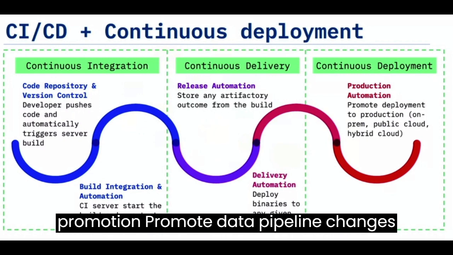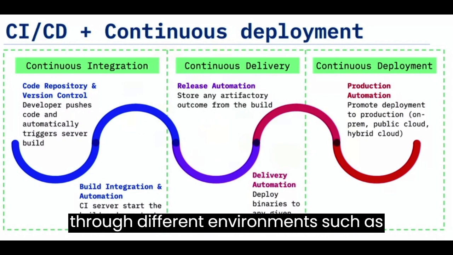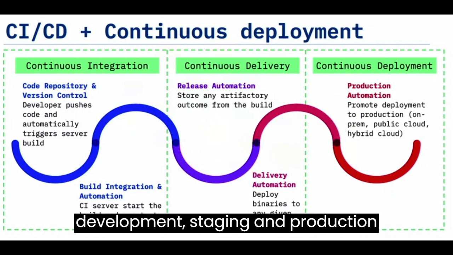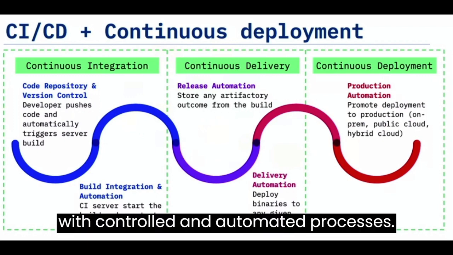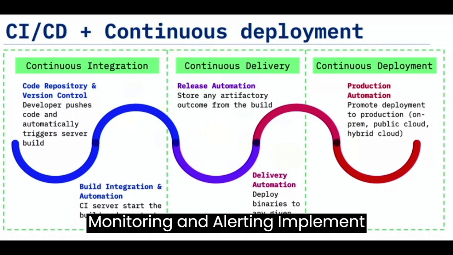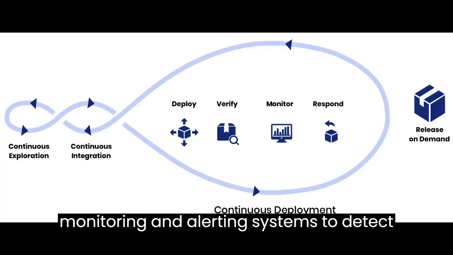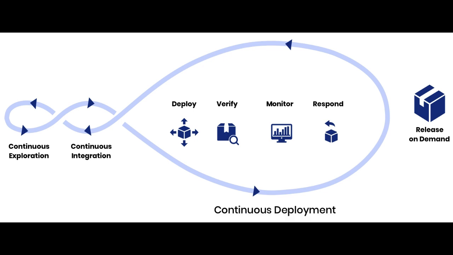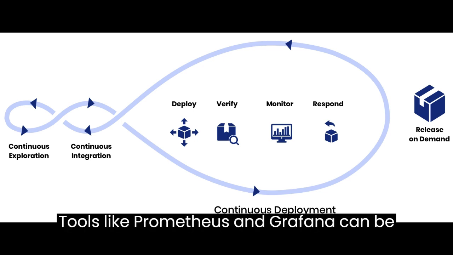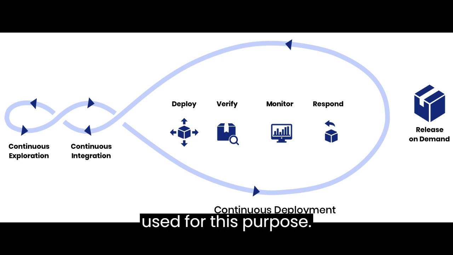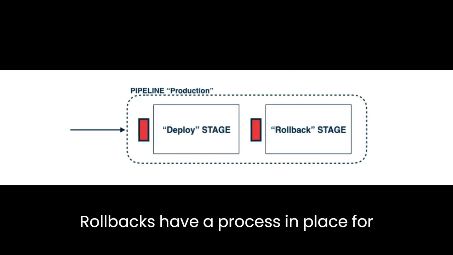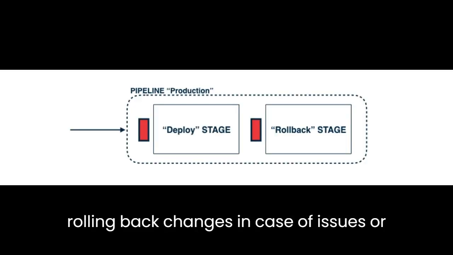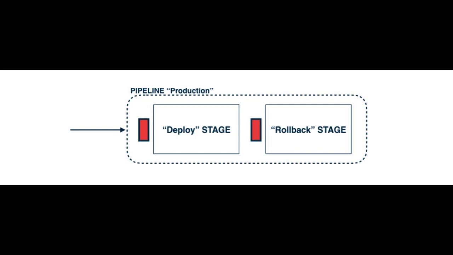Promote data pipeline changes through different environments, such as development, staging, and production, with controlled and automated processes. Monitoring and alerting. Implement monitoring and alerting systems to detect issues in production pipelines. Tools like Prometheus and Grafana can be used for this purpose. Rollbacks. Have a process in place for rolling back changes in case of issues or errors in production.